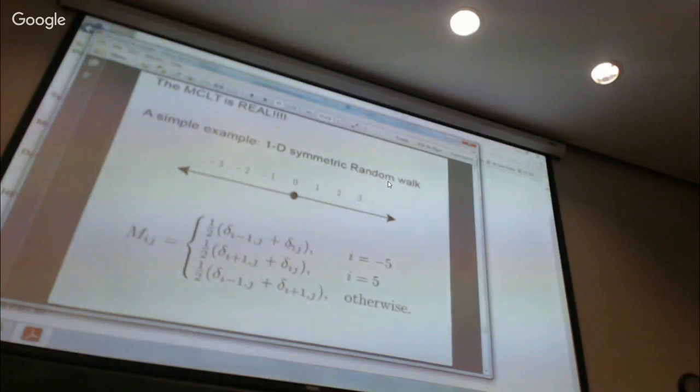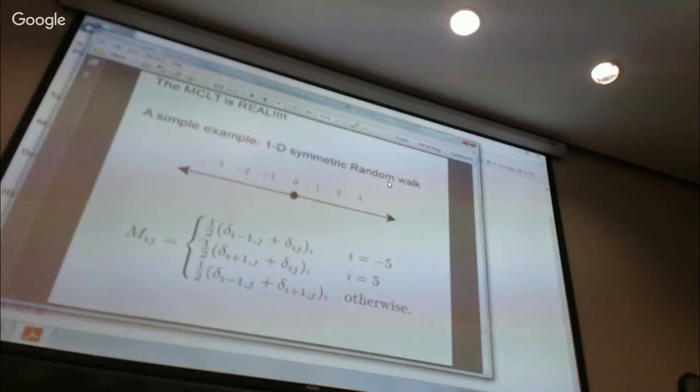Sorry. So the example, just to demonstrate that all these considerations that have seemed kind of airy-fairy from the M-dependent central limit theorem are indeed real, I've constructed a very simple random walk here. This is just a 1D symmetric random walk on the interval -5 to 5.